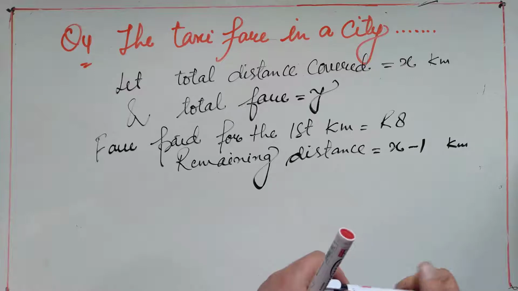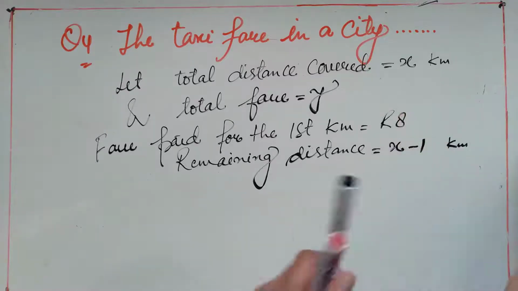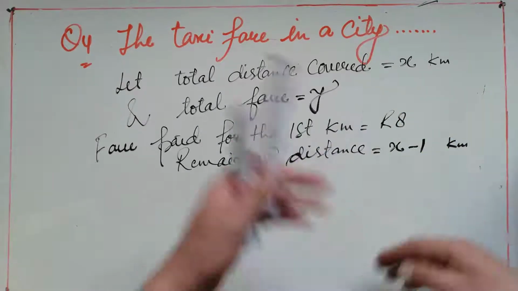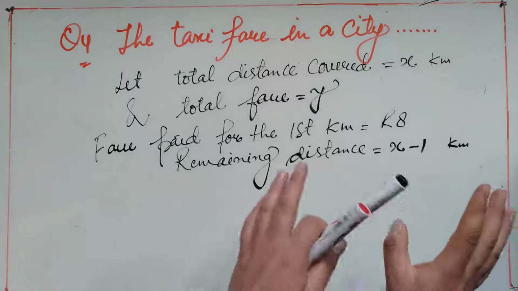Now for the first kilometer you paid rupees 8. For the remaining x minus 1 kilometers, you have to pay rupees 5.